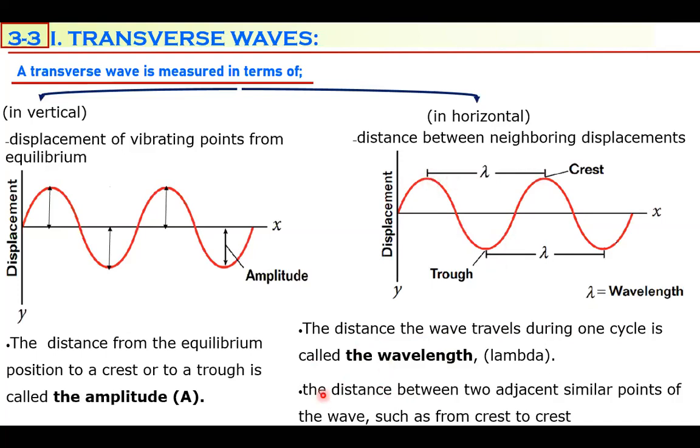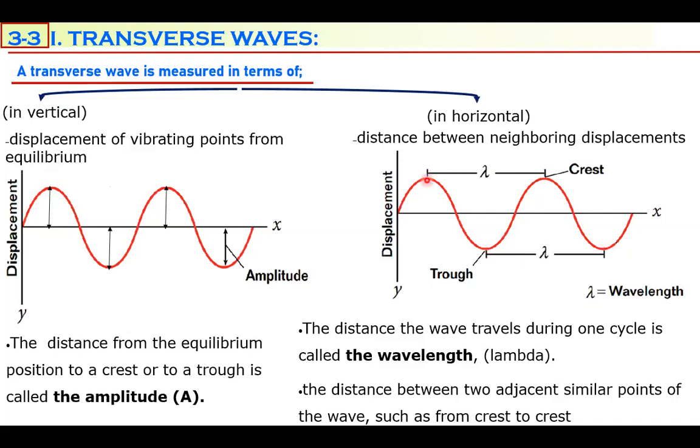And the distance between two adjacent similar points of the wave, crest to crest or trough to trough, is also called wavelength. So now we have three definitions of wavelength. First, the distance between neighboring displacements, one after another.